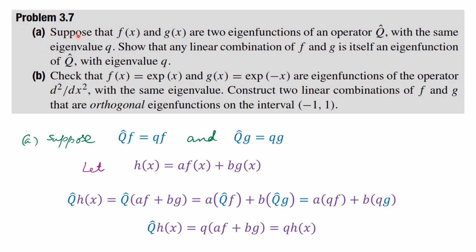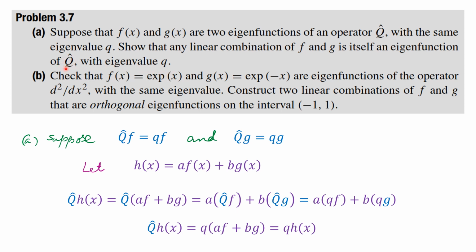Then problem 3.7 part A. Suppose that f of x and g of x are two eigenfunctions of an operator Q with the same eigenvalue q. So remember that it has the same eigenvalue q. Show that any linear combination of f and g is itself an eigenfunction of Q with eigenvalue q.